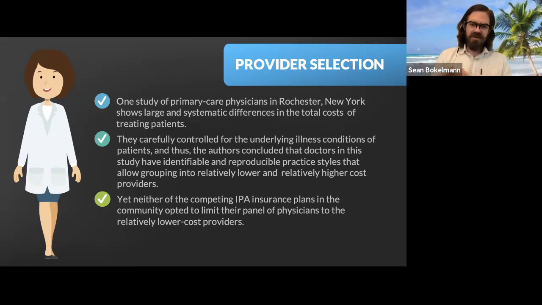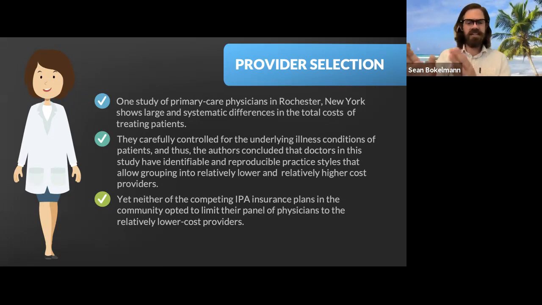which is interesting, right? Here you have the whole point of these MCOs is to lower costs. So why would they not commit to lower cost providers? There's potentially a range of explanations for this. It could be that they don't want to limit themselves to a particular group, because having a broader class of doctors could potentially bring in more customers and those sorts of things. But this is an interesting result, right?